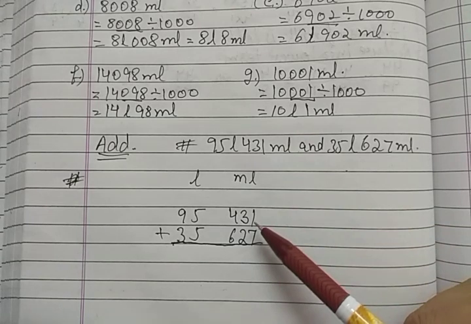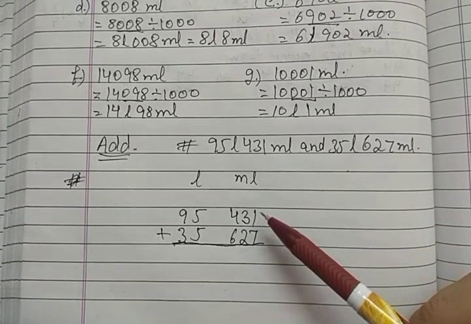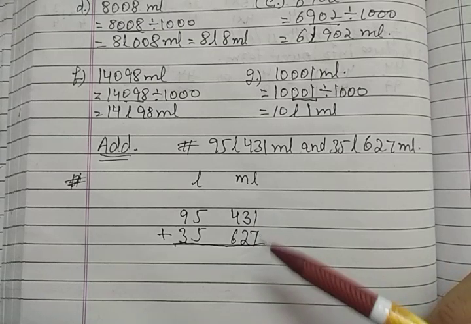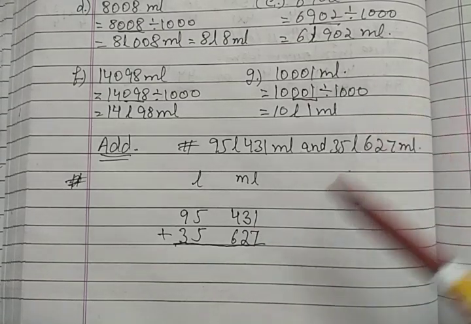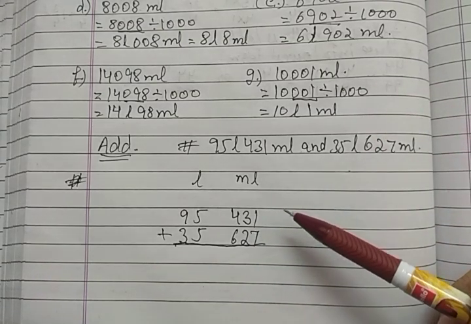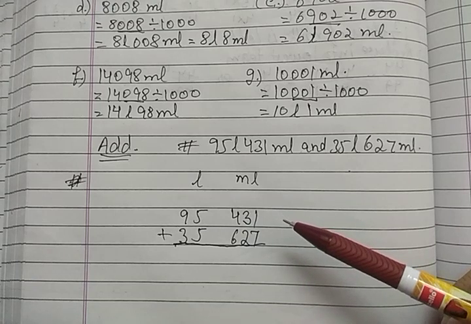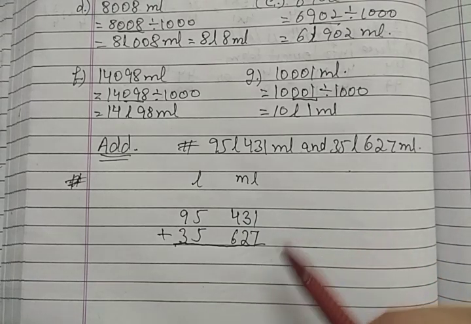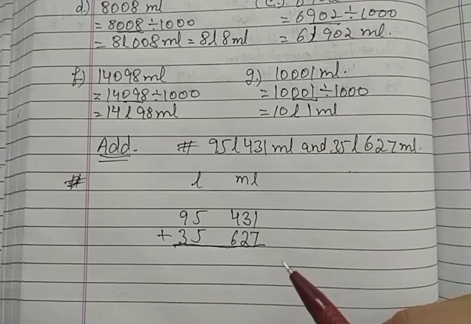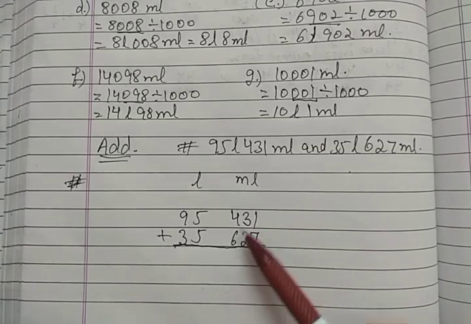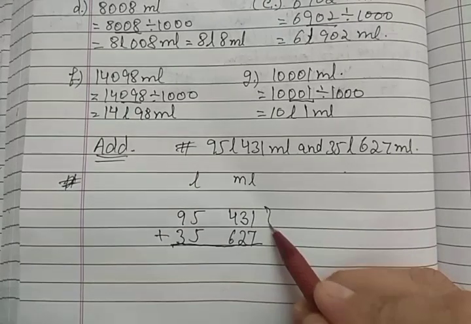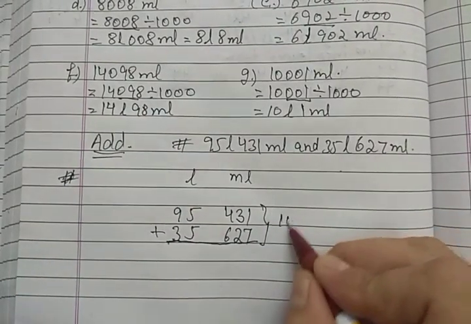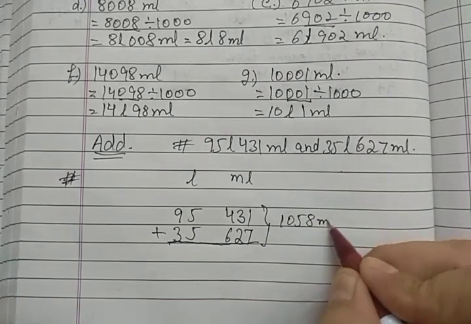If it is less than 1000, we will add it directly. But if it is 1000 or more than 1000, then we have to convert this into liters and milliliters, because 1000 or more converts into liters. So here it is more than 1000. So after adding it, what we get is 1058 milliliter.